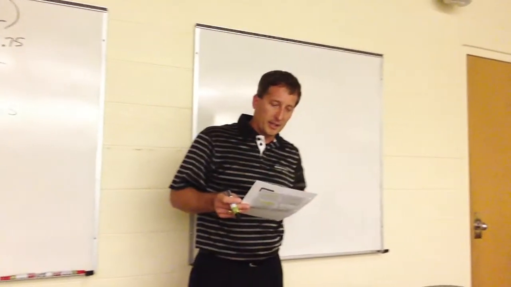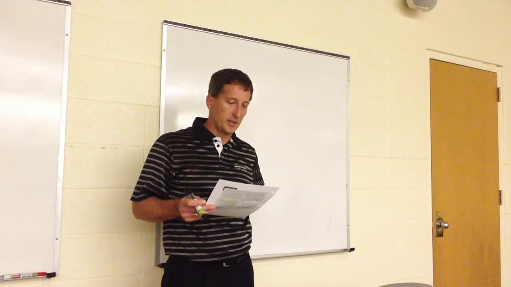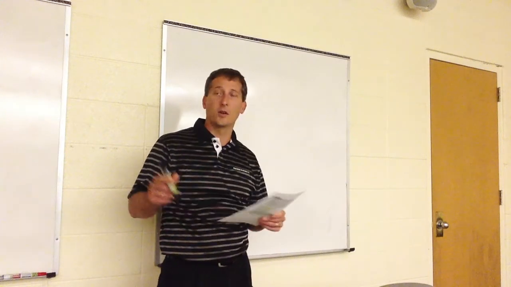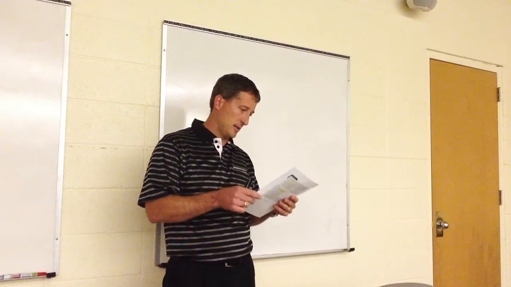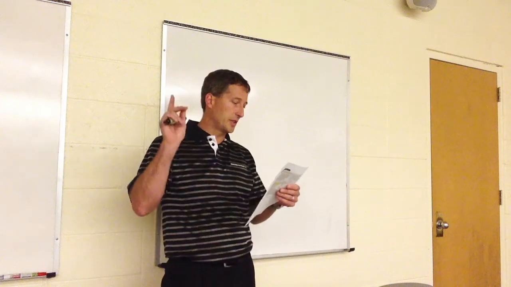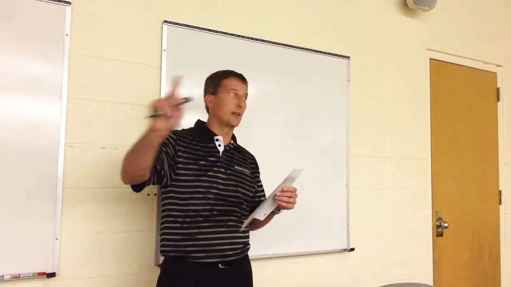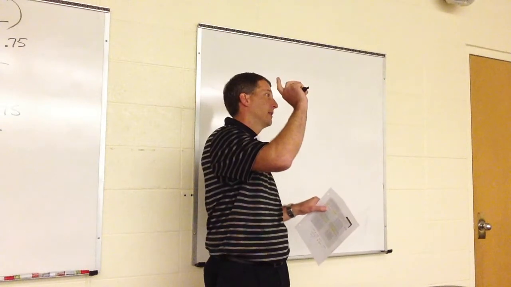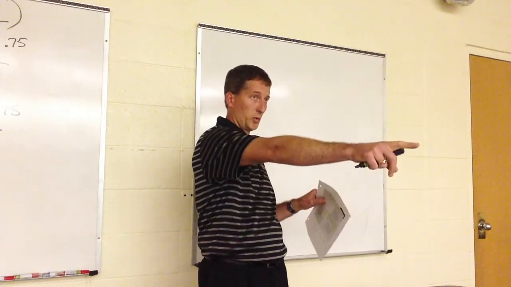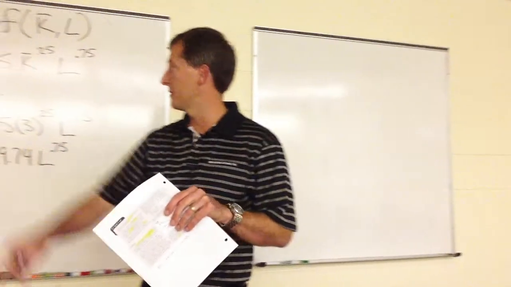Part B, calculate the total output produced per hour for L equals 0, 1, 2, 3, 4, and 5. I'm going to do 0. Then we got 1 Taylor, or let's see, Adam, you're going to do 1, 2 Blake, 3 Jesse, 4 Taylor, 5.